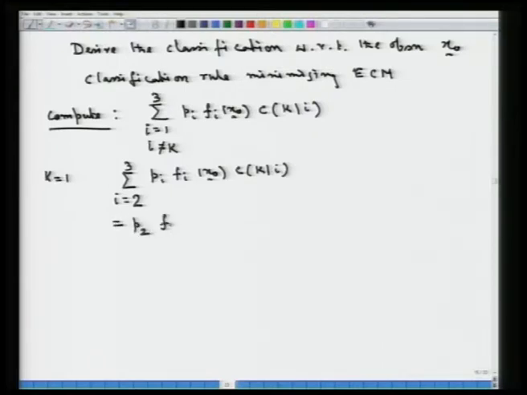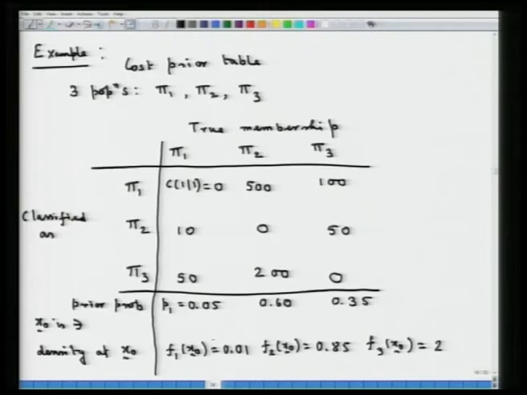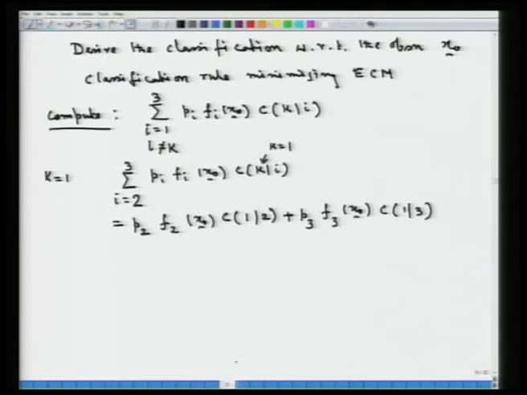This is P2 F2 x naught, and k is equal to 1 in our case, so this is C 1 given 2, plus the term corresponding to i equal to 3, that is P3 into F3 x naught, into C 1 given 3. So, using this cost prior table, one can compute this quantity.